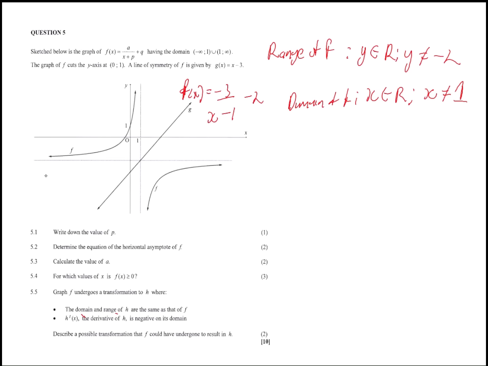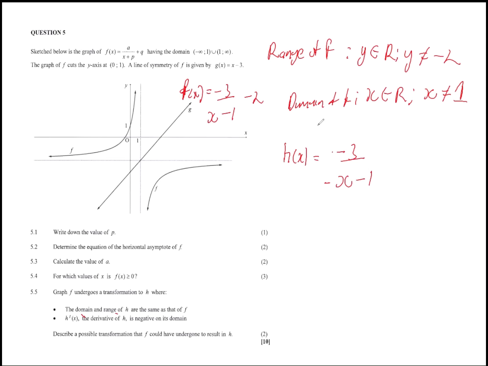Now, if we are to create an equation of h whereby we must still keep the same domain, so we're going to say h will be -3. So let me start by trying to reflect this along the x-axis. So I'm just doing trial and error here, because most of the time, if this remains the same, it's a reflection along the x-axis. So that's -x and then -1.